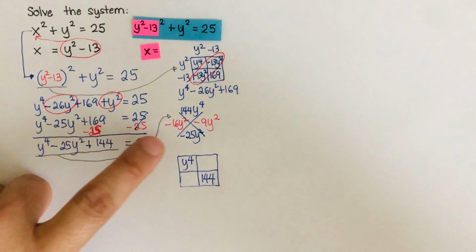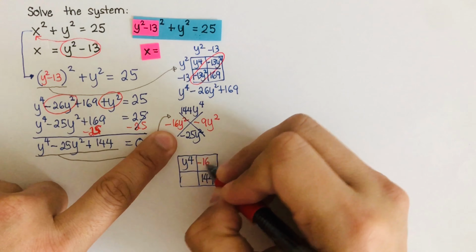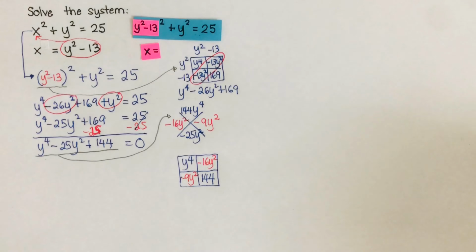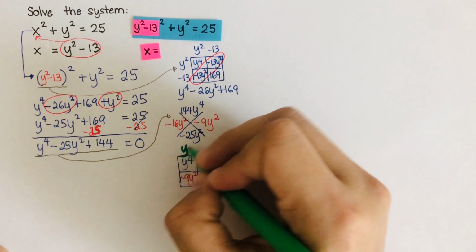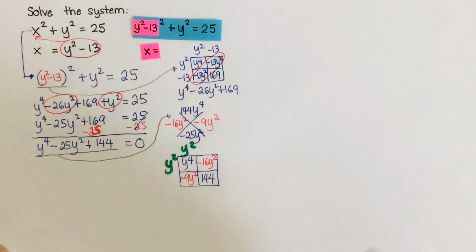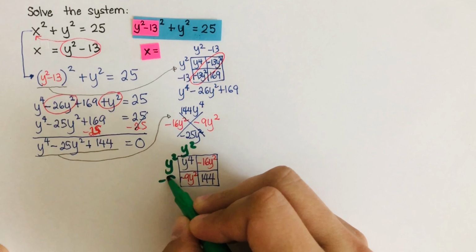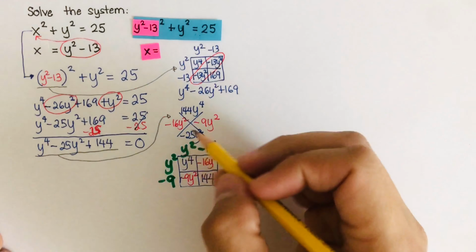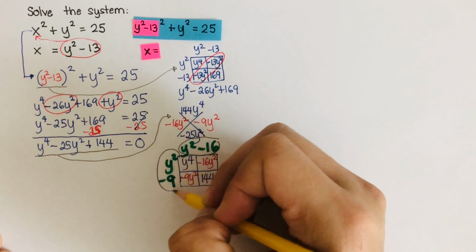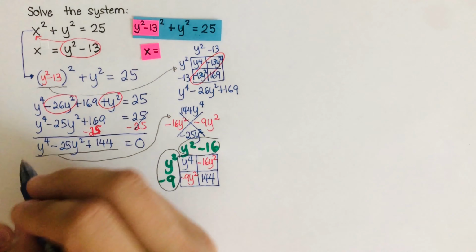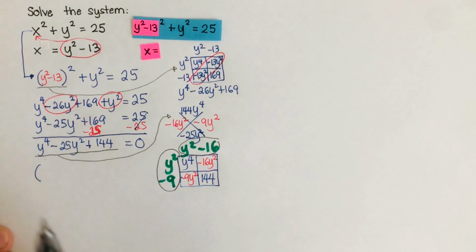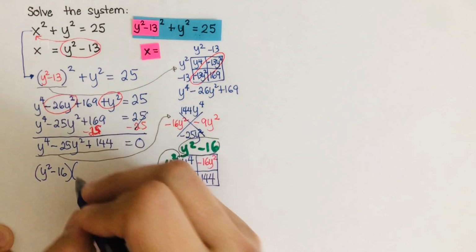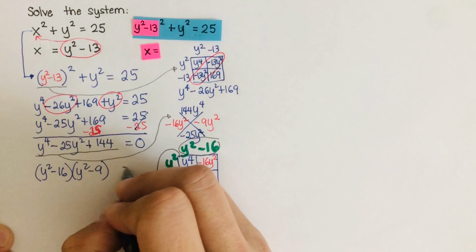And then the factors that we got from the diamond, negative 16y squared and negative 9y squared. So then we can get the factors. This would be y squared and y squared, and then this is a negative 9, and this is a negative 16. So then these are the two factors. I'm just going to go ahead and write that over here. So this becomes the factored form, which is y squared minus 16 times y squared minus 9 equals 0.